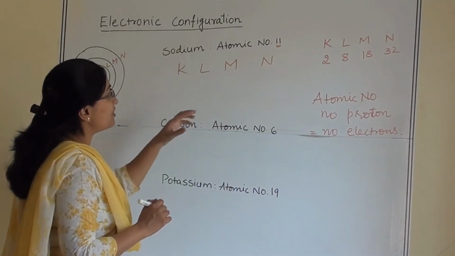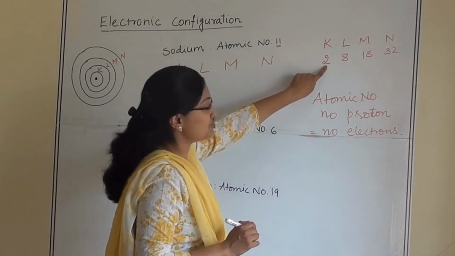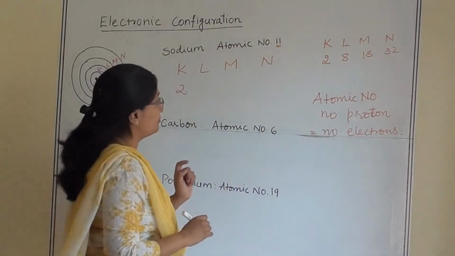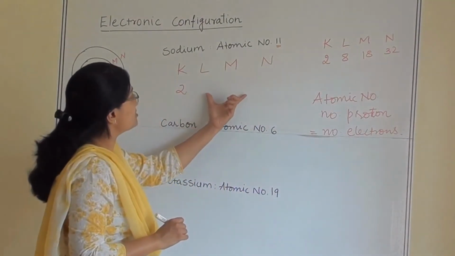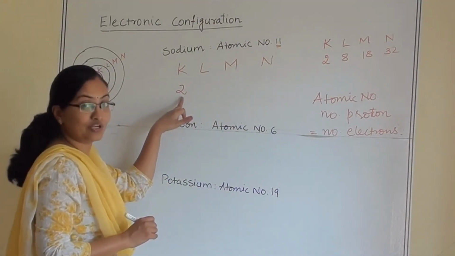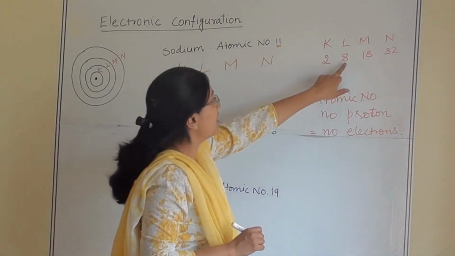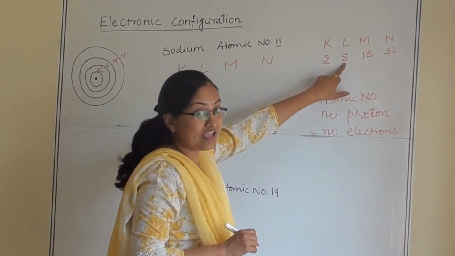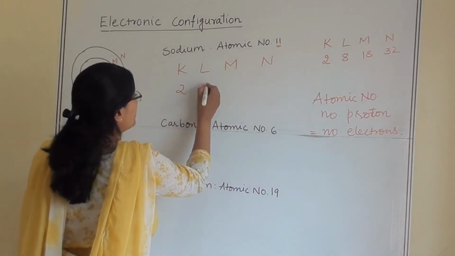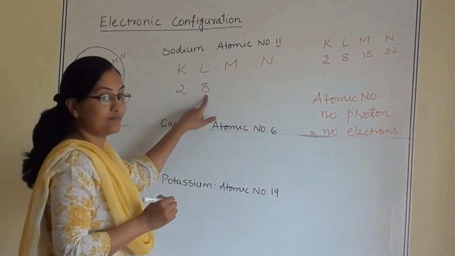So how are we going to distribute them? What is the capacity of K? 2. So I am keeping 2 here. Now how many more electrons are left? There are 9 electrons left because I have put only 2 here. L has a maximum capacity of 8, so I cannot put more than 8.